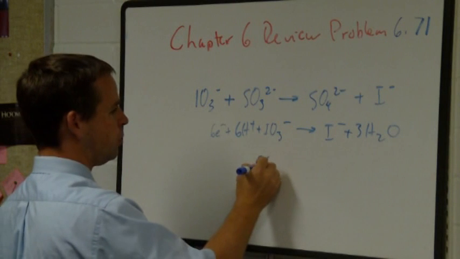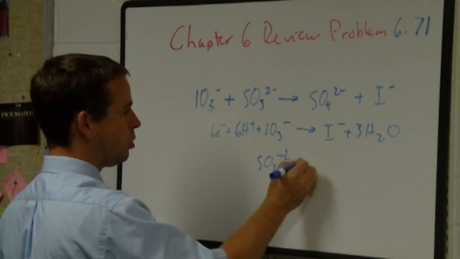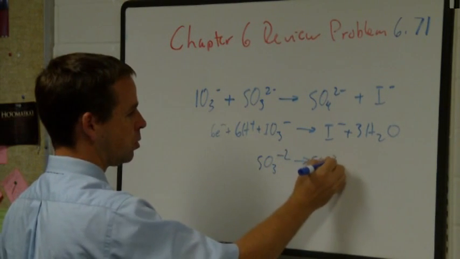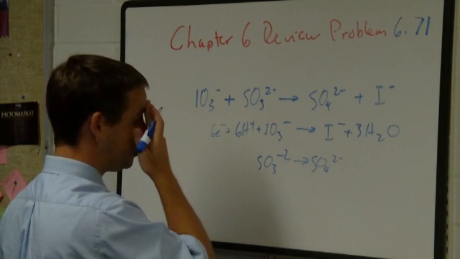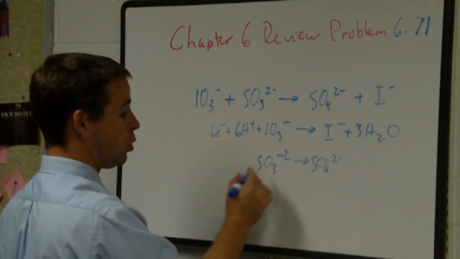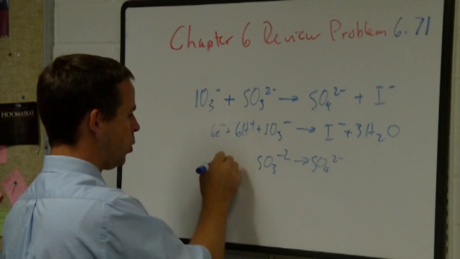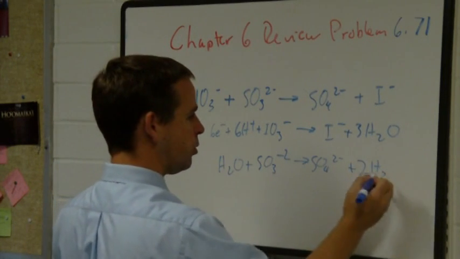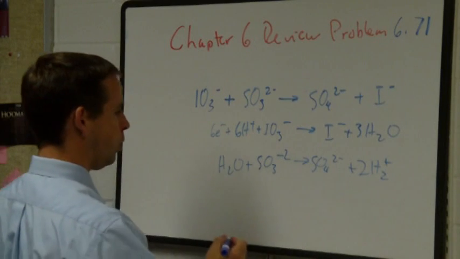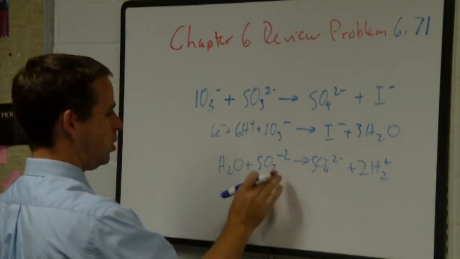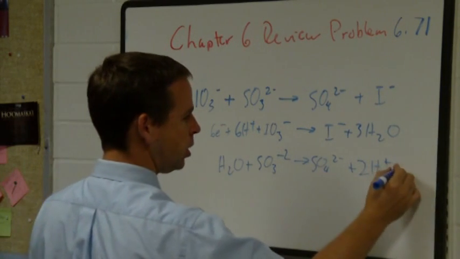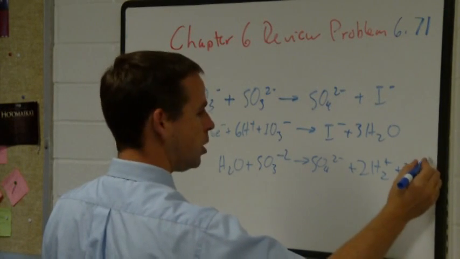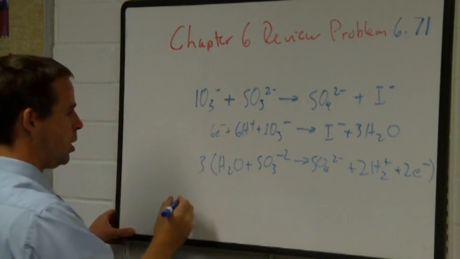All right, for the sulfite to the sulfate. Sulfurs are balanced. Oxygen, we need 1 more oxygen over here. We're going to need 2 protons over here, and 2 electrons over here. This is going to be multiplied by 3.